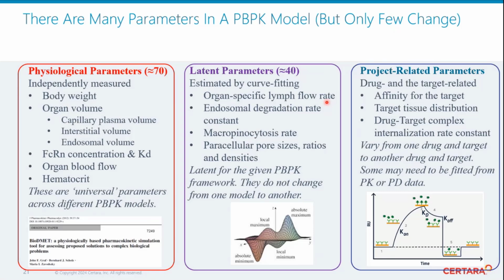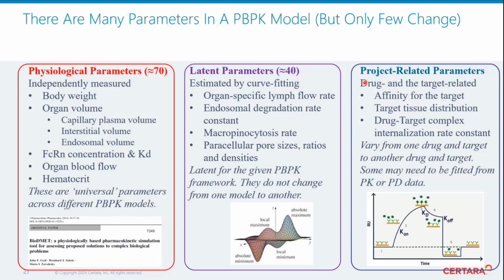But once they are estimated, they are then locked down. They are no longer modified when we move from one model to another. So again, we have another perhaps 110 parameters, but they are latent parameters. End users typically do not need to tinker with those.